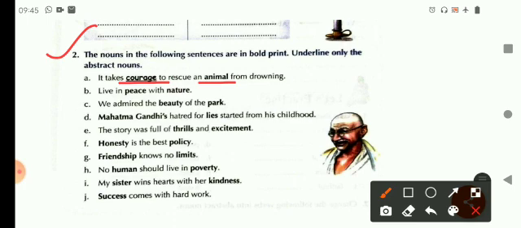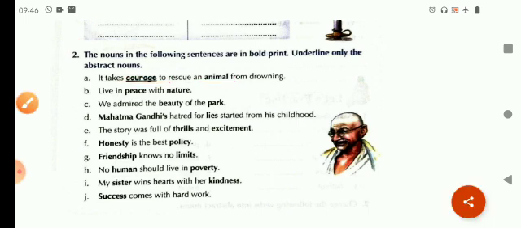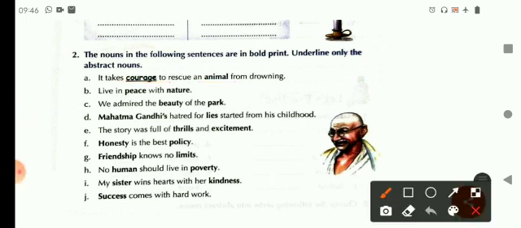So you have to underline only the abstract noun from it. One is abstract and one may be another kind of noun. So you have to select only the abstract noun from these sentences. One example is already done for you. In sentence number 1, courage is an abstract noun.